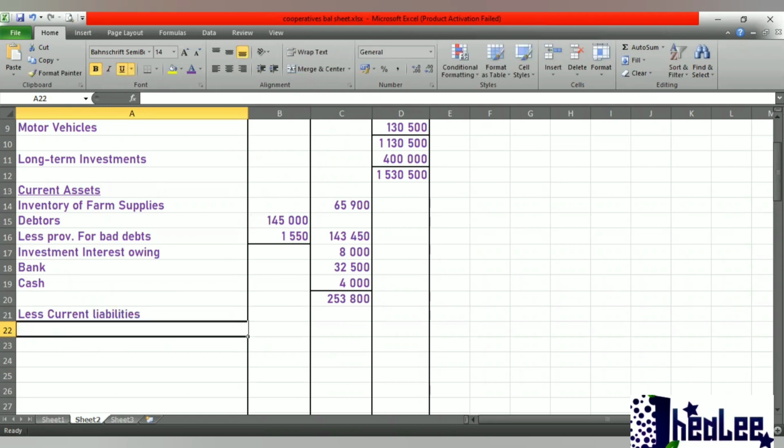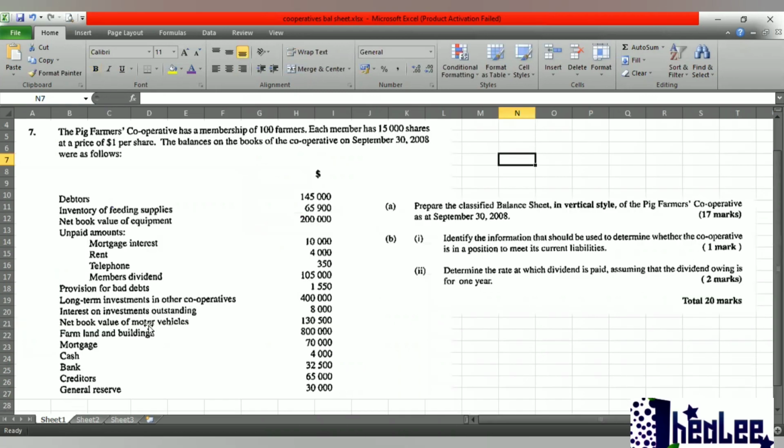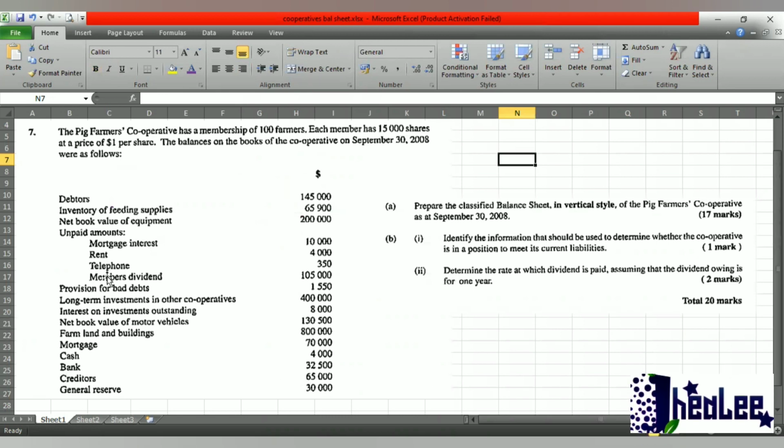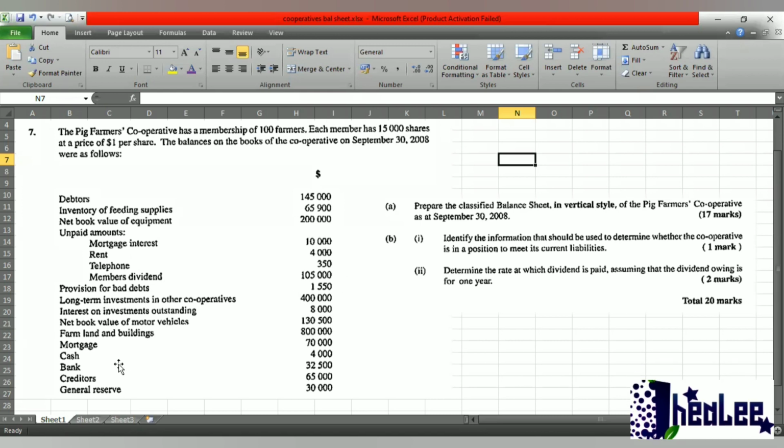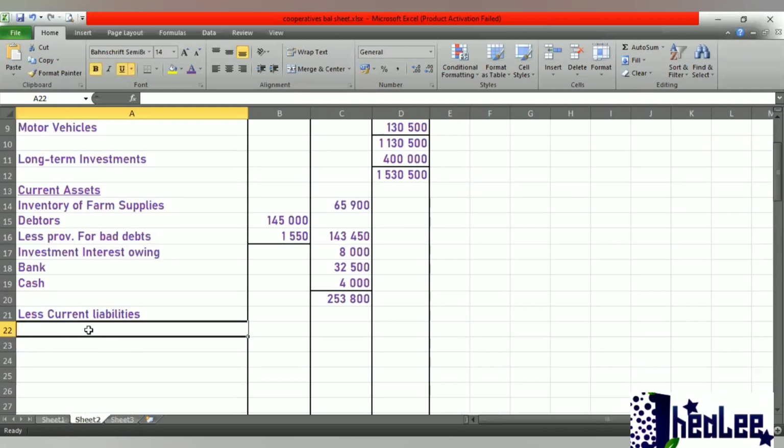And our current liabilities, we have creditors of 65,000. We have all this amount that is owing by the business: mortgage interest 10,000, rent 4,000, telephone 350, and members dividend of 105,000. We're now going to record those.